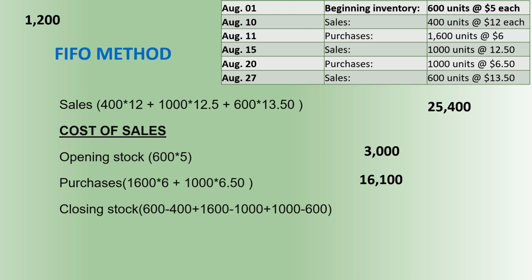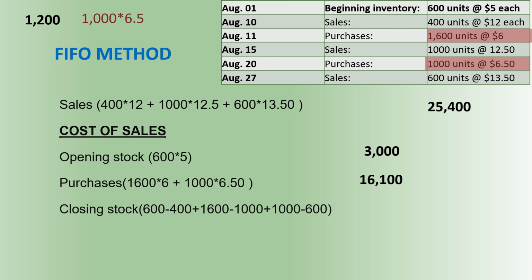So how we are going to price it? Since this is the FIFO method, we should remember the remaining inventory should reflect the current prices. So the latest prices of 1,000 should be taken into account. So that 1,000 is at $6.50. Then the remaining 200, for that, we have to go for the next purchase, that is 1,600.